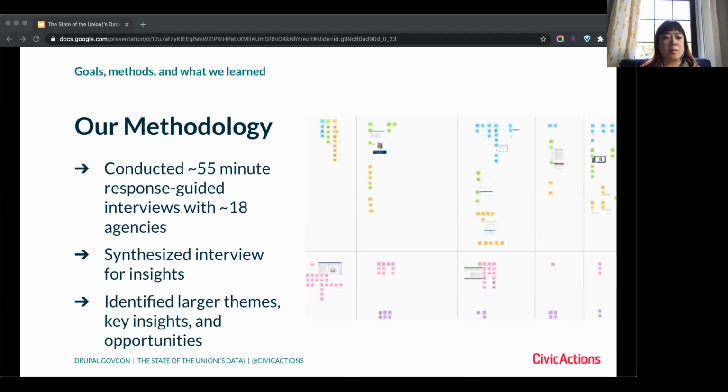And as a side note, while the participants we interviewed are known to us, we made sure to anonymize their information to report back to the larger community. This allows participants to speak freely about their work while also letting us highlight patterns without diverting the conversation or attributing anything to a particular agency, because these are things that we saw across the board.